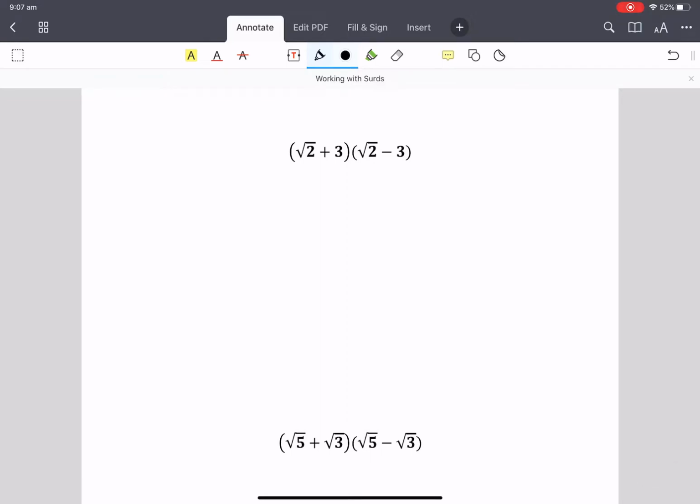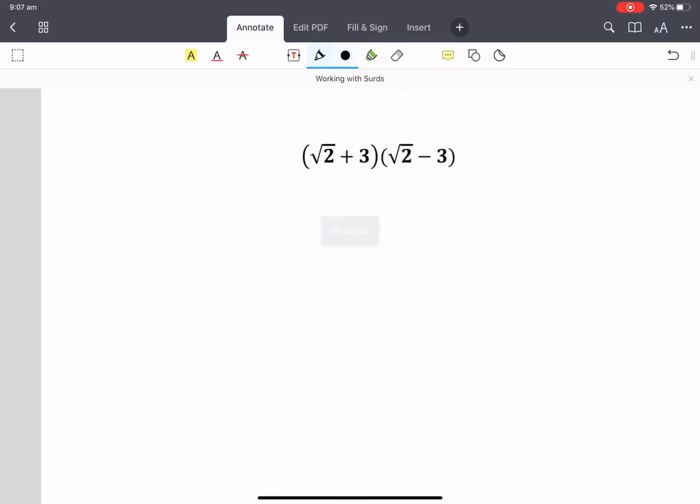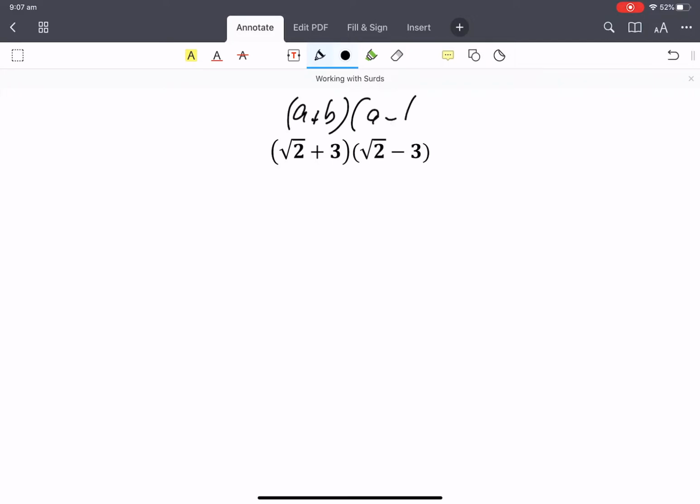This is a plus b, a minus b, which is going to be a difference of 2 squares. You can see we're going to do it again down there. So a plus b, a minus b will just be a squared minus b squared. So a squared is 2, and we're going to subtract b squared. 3 squared is 9, so that's going to be -7, just a number.